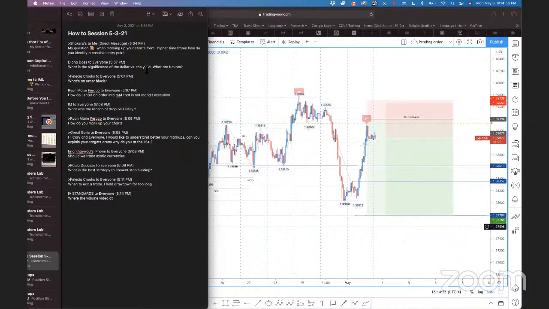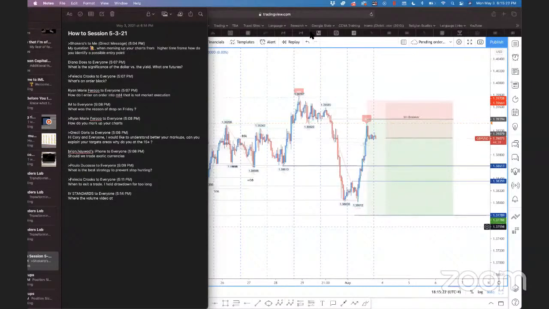Interest rates are basically responsive to how the yield increases or decreases. If the interest rate goes up, that's going to weaken the dollar. And if the interest rate goes down, that's going to strengthen the dollar, because people have more buying power when the interest rates are lower, right?